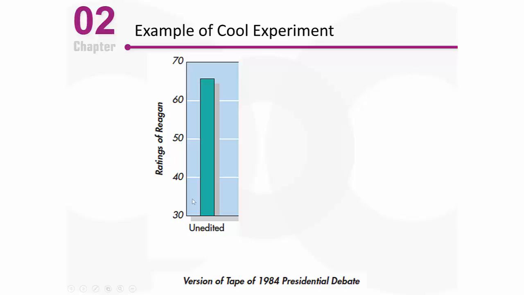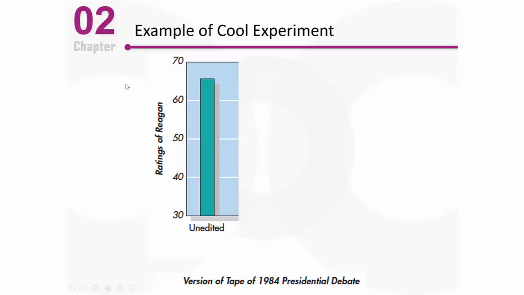And of course, if you're zinging your opponent and the audience is laughing, you're doing pretty well in the debate. You're going to look good. So when people, the research subjects, were viewing an unedited segment of that tape, they rated Reagan pretty highly. Now, people were randomly assigned to see one of 3 segments from this debate.